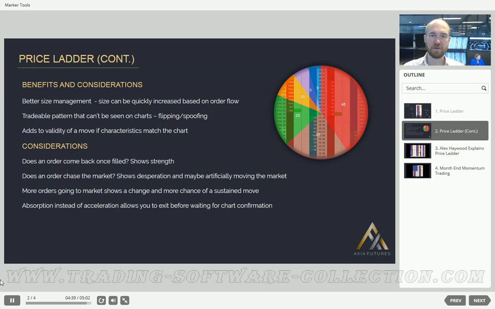Gives you that chance perhaps just to get out, or at least lighten the position if it's not showing the characteristics that you want to see for the move to continue.